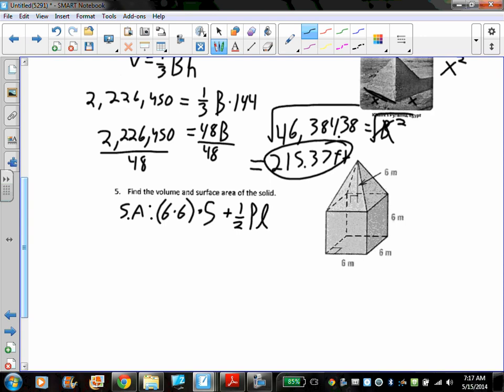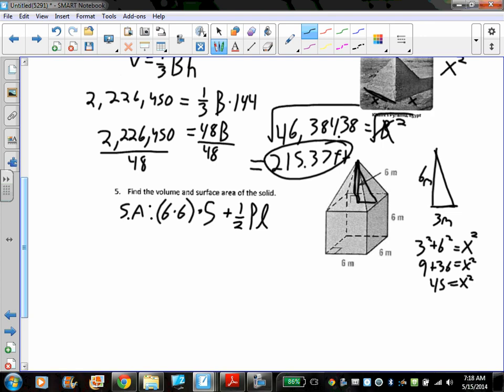Finding the slant height, what we need to do is set up one of those triangles again. We know that the height is 6 meters. Since we're cutting this down the middle with this height, we know that this is going to have a length of 3 meters, and now we just need the hypotenuse. So 3 squared plus 6 squared gives us that missing side. 9 plus 36 equals x squared. 45 equals x squared.